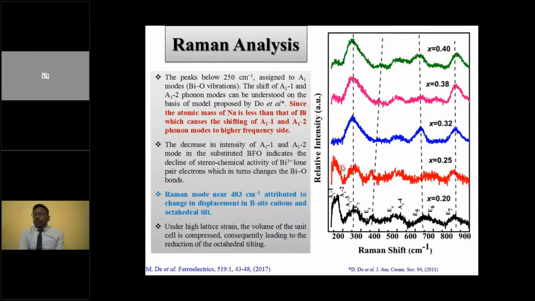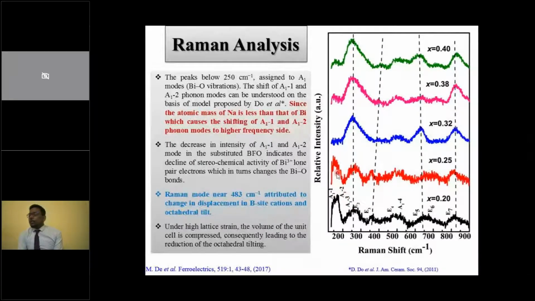Again, if we watch this data, as we increase the concentration of sodium niobate, this peak diminishes. That is because of the stereochemical activity of the bismuth ion lone pair, which gets changed or lowered. Now coming to the answer to the question of why A1-1, A1-2 and A1-3 move toward the higher wavenumber.